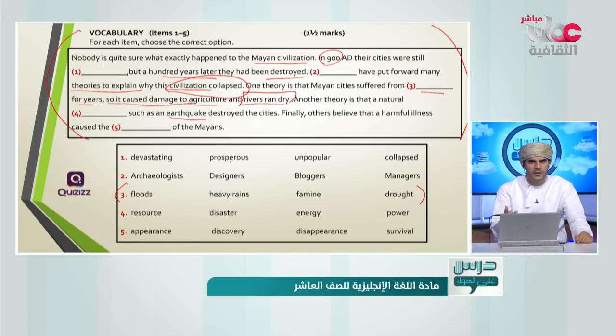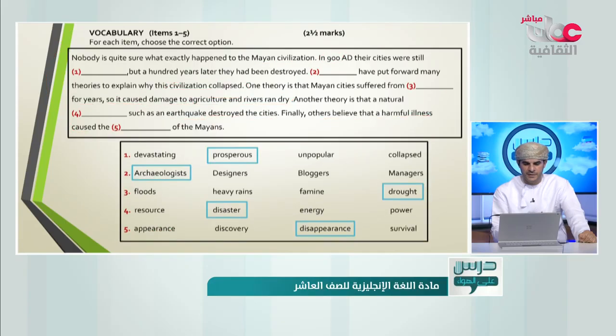What do we call earthquake? Volcanoes. What do we call them? These destroyed the cities. Finally, others believe that a harmful illness caused the appearance, discovery, or disappearance, which means what? Of the Mayans. You see? When you read between the lines, it will become easy.